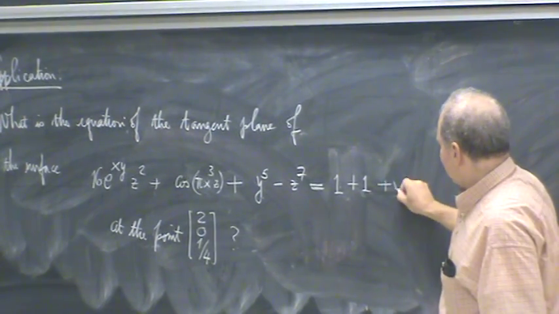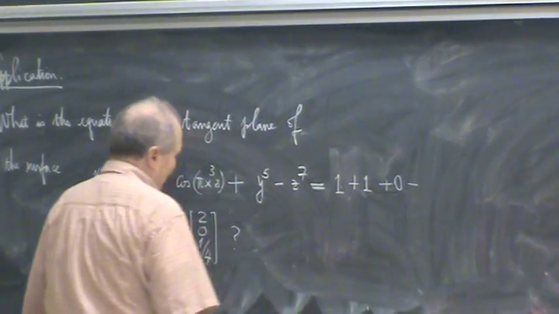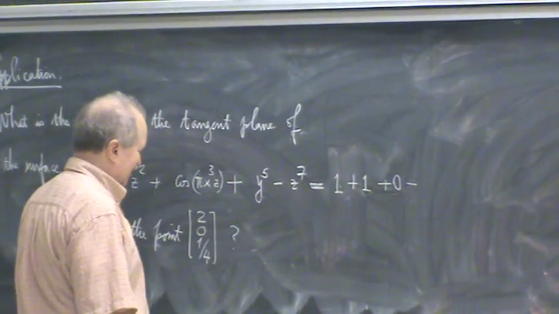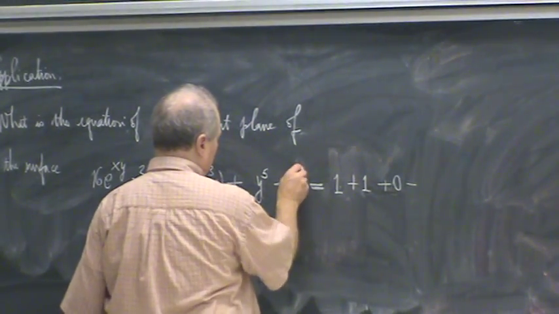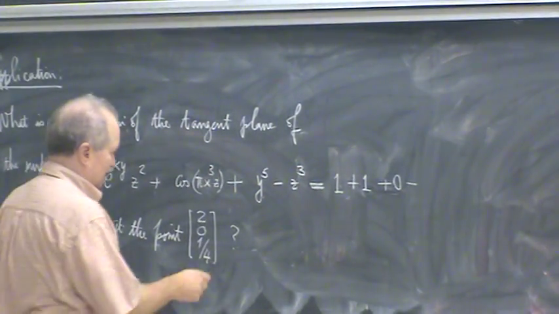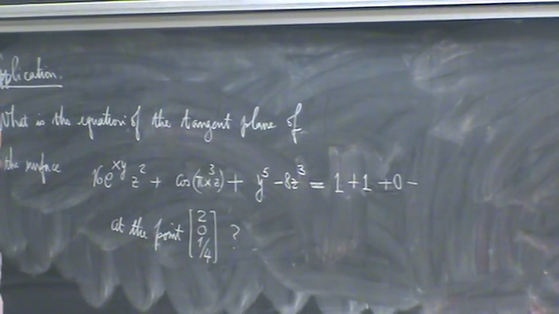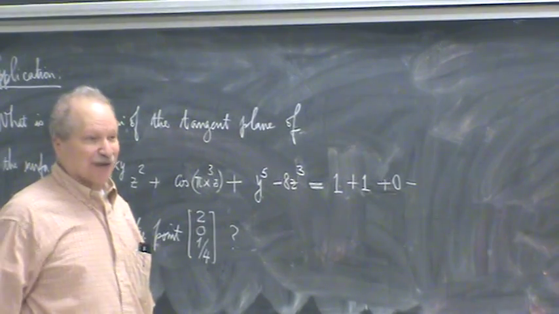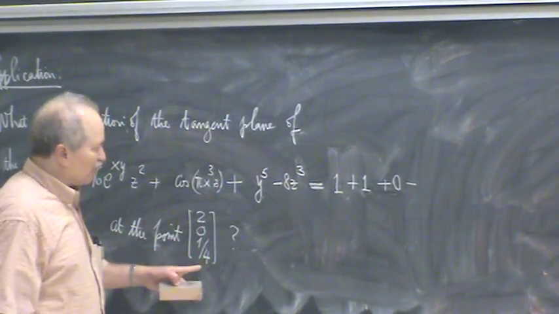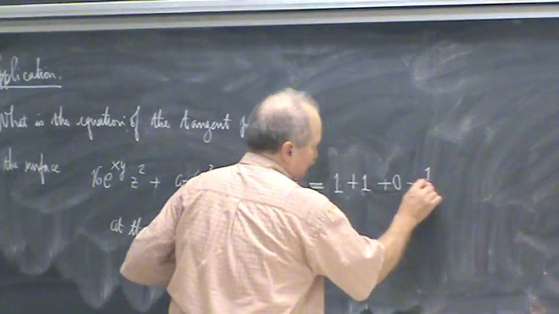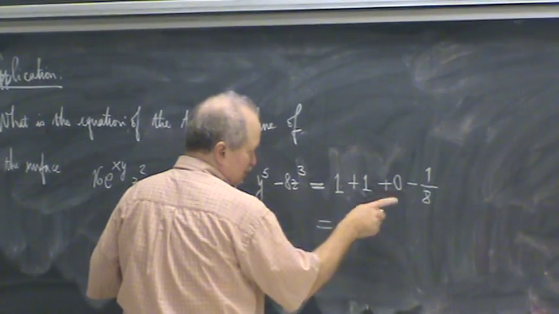Minus, and then I have some horrible number here. So maybe I'll get rid of that 7. That's just silly. Let's just put cubed. And then I'll put something like an 8 there. Well, this is how problems get made up. So it's still not that great, right? That's going to be minus 1/8 now. All right. So the level set 1/7.